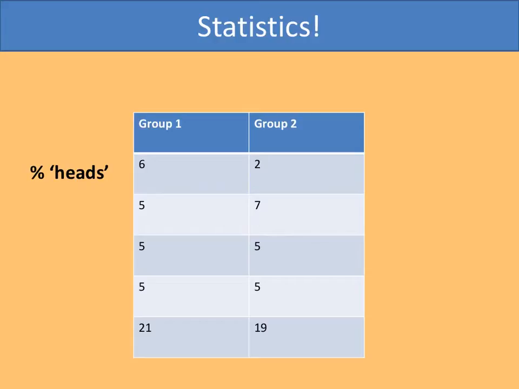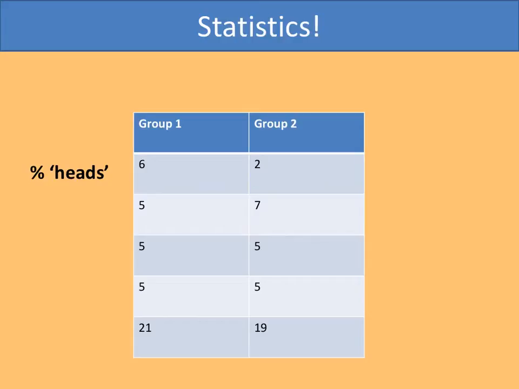Okay? So we can actually find out whether there's actually a difference in this group. If you actually added up the scores for each of the 4 individuals in each group, one would be 21 and the other would be 19. Would you know, was that significant?